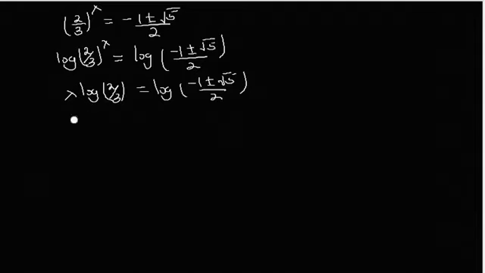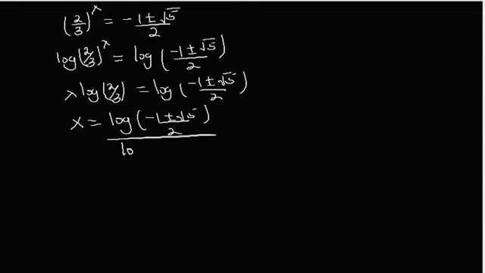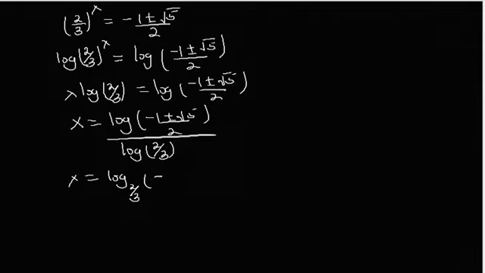And if we do that, we will have x being equal to log of (-1 ± √5) / 2 divided by log (2/3). Okay, so of course we can simplify that into x being equal to log to the base 2/3 of (-1 ± √5) / 2.